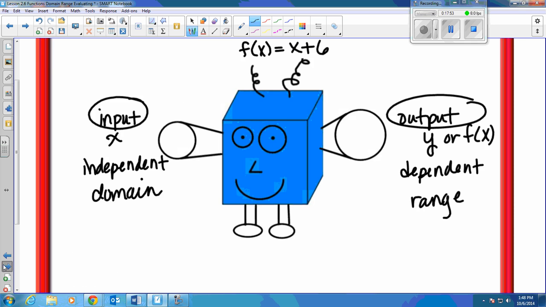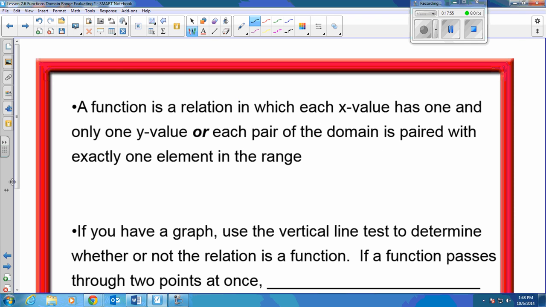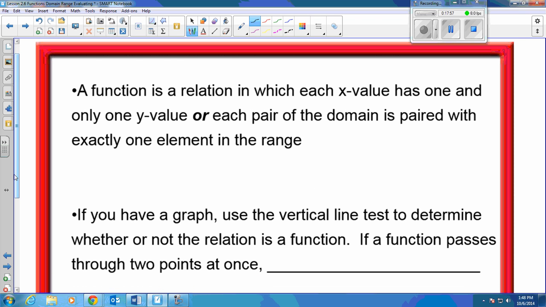All right, so if I tell you something is a function, that means each x has one and only one y value associated. Or each part of the domain has only one element in the range it's paired with. Our vertical line test will determine whether something is a function.